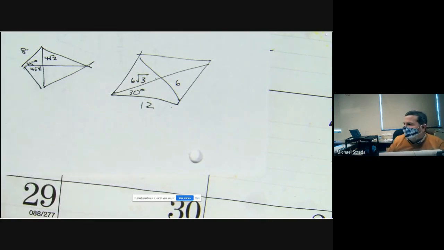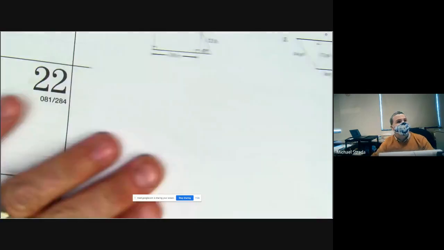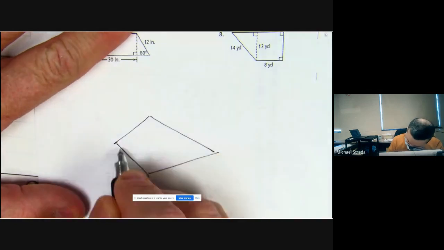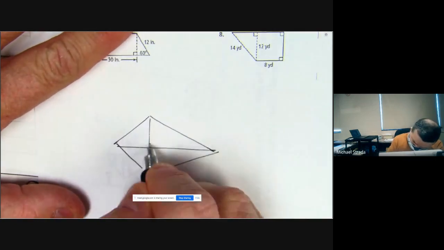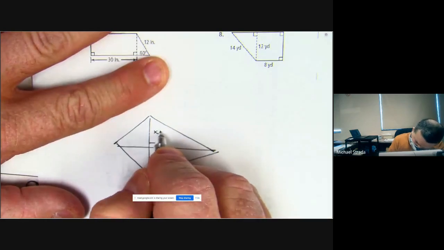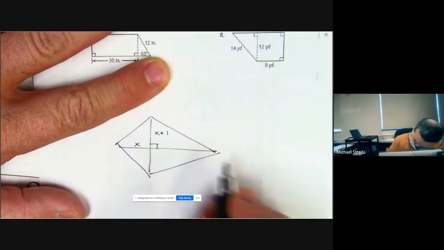Algebraic dimensions, solving quadratics. Does anybody need to see that and what it would look like? Got no problem sketching it out. It's not a big deal. All right, so I'm going to slide over here a little bit. Basically the idea is this might be x plus 1, that may be x.